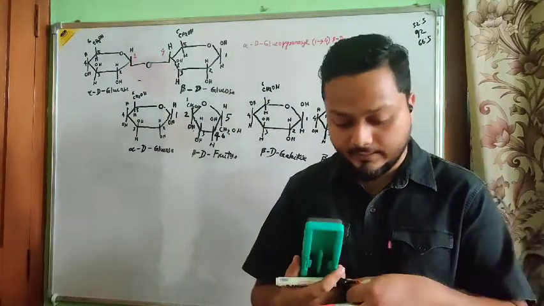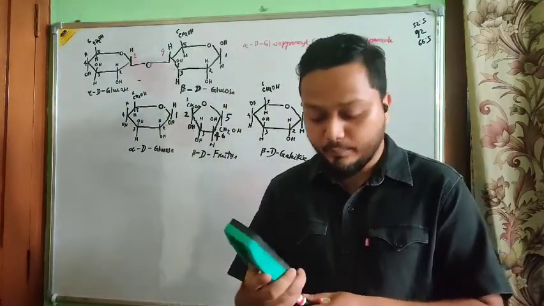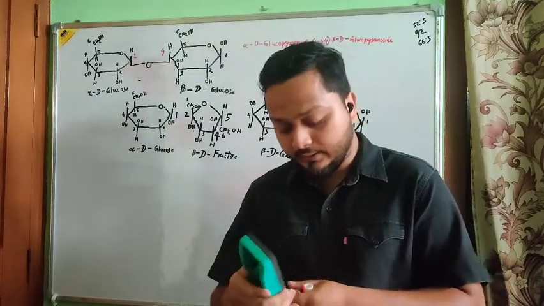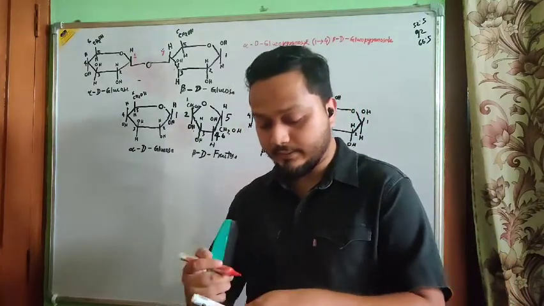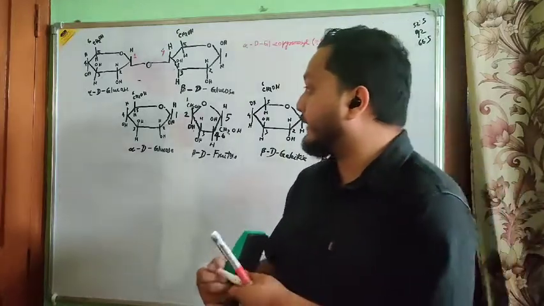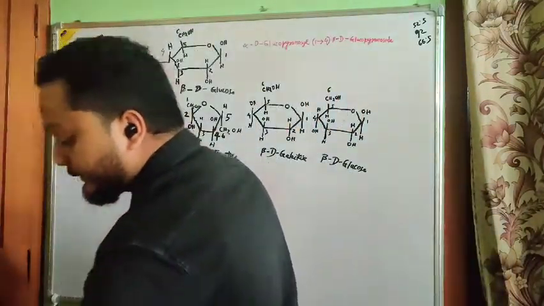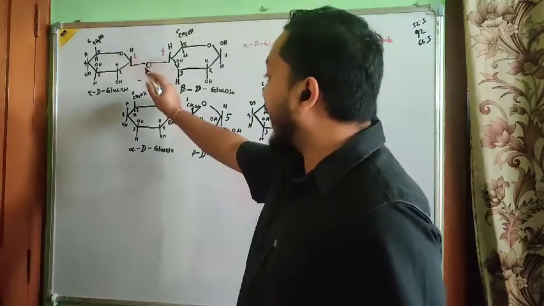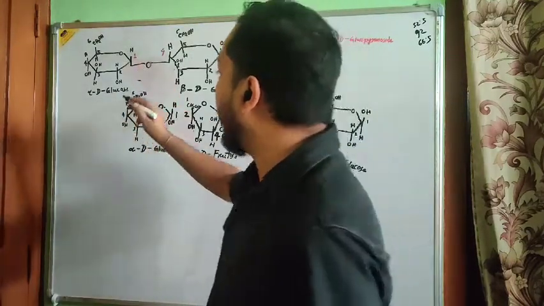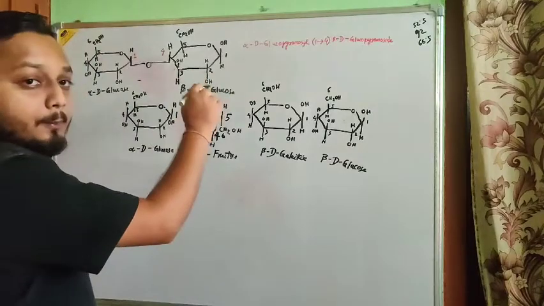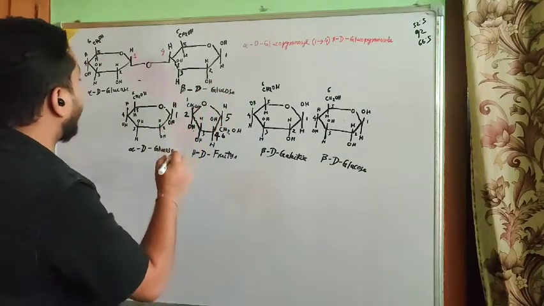Now we'll discuss the nomenclature of the glycosidic linkage. This glycosidic linkage in case of maltose is present between carbon number 1 of alpha D glucose and carbon number 4 of beta D glucose.